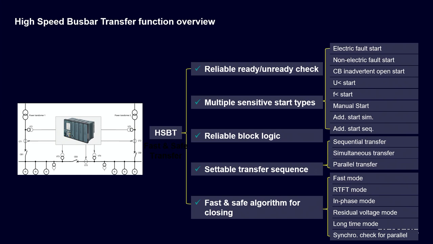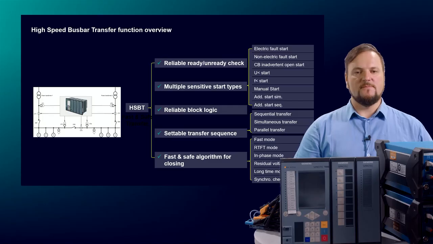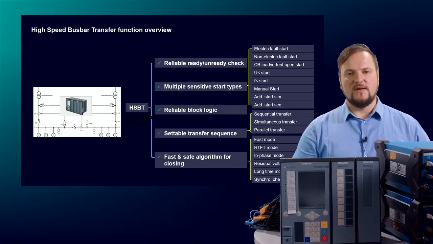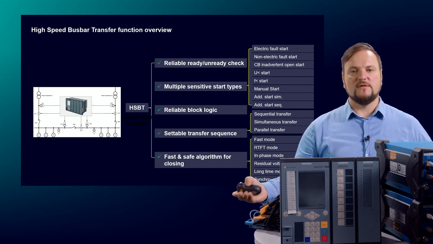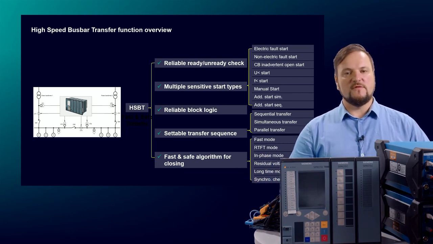One of the tasks is the reliability check of readiness and unreadiness. That means whether this transfer is ready or not. We have multiple sensitive start types like electrical fault start, non-electrical fault start. We have the CB invert and open start, for example.